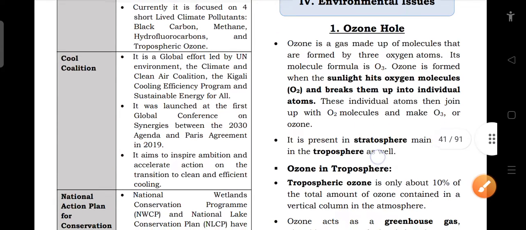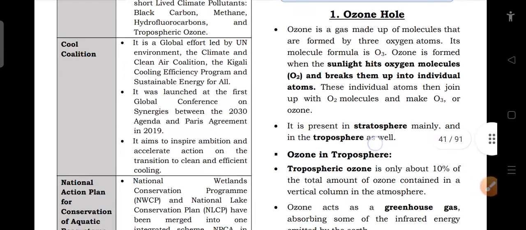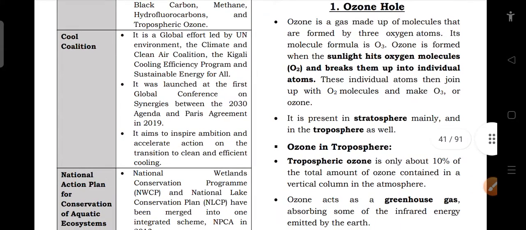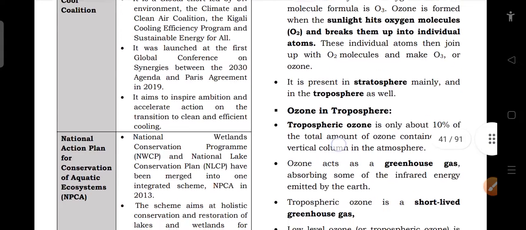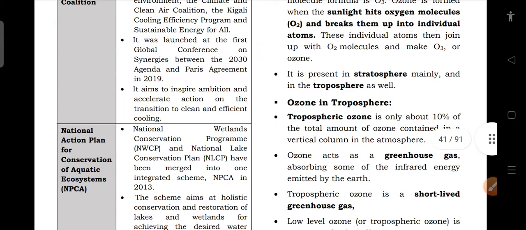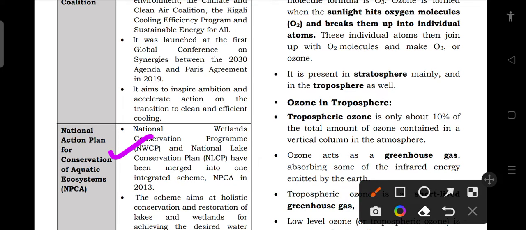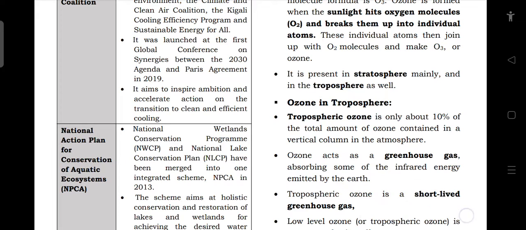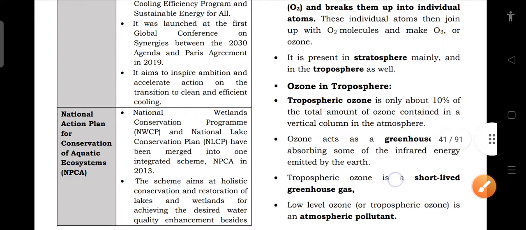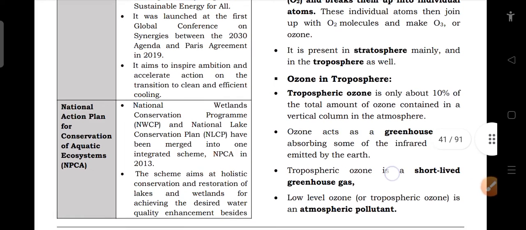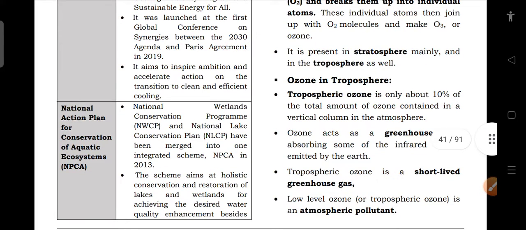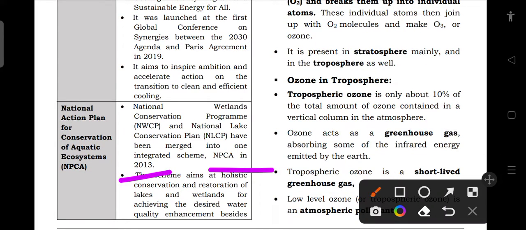And the next one is about the National Plan for Conservation of Aquatic Ecosystems, NPCA. The NWCP, that is National Wetland Conservation Program, along with the National Lake Conservation Plan, NLCP, both of them have been merged into an integrated scheme, which is NPCA 2013.